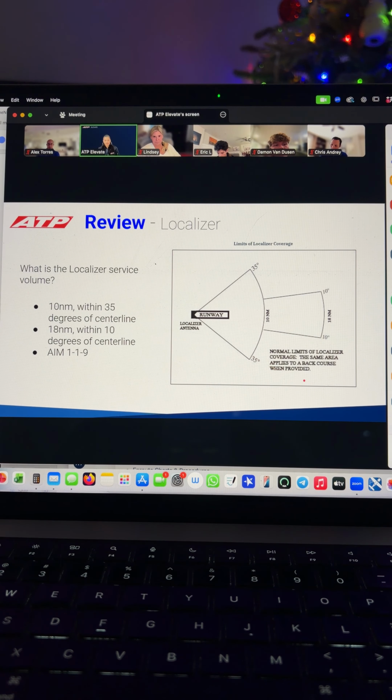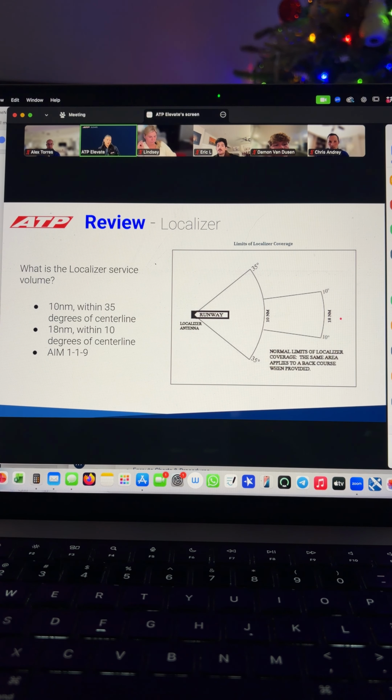This is standard, because there are a lot of bigger airports now that have ILS systems that will actually go out a whole lot further. So if you fly into any of those areas, you're actually going to be able to pick up the ILS localizer signal pretty far out, a whole lot further than 18 nautical miles.